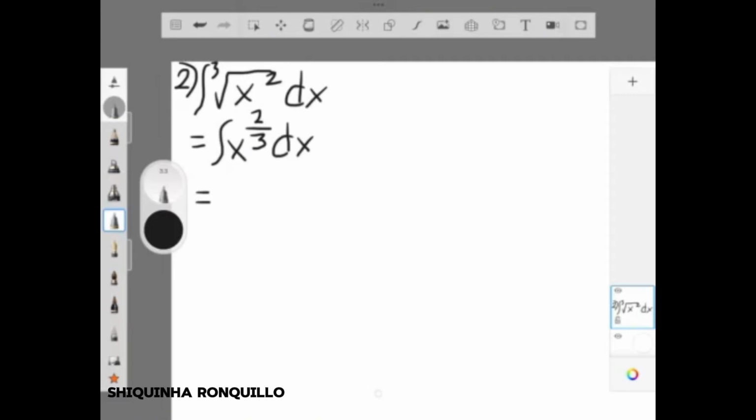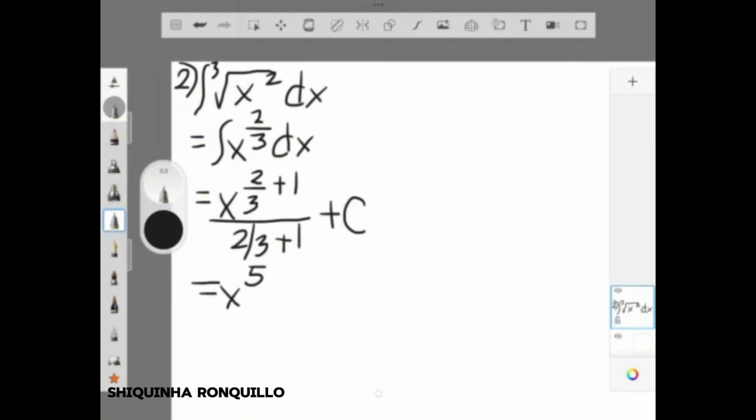Copy it again. x raised to 2 over 3, and don't forget to apply the power rule also for the denominator. And also don't forget to add plus c for the constant of integration.